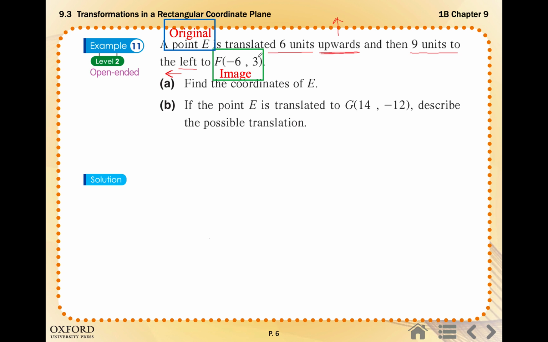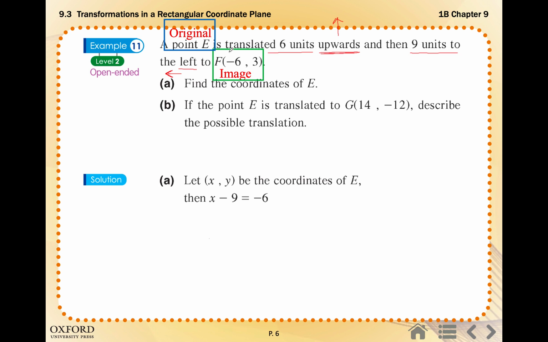Then we may let the coordinates of E be (x, y). Let the coordinates of the original point E be x and y.